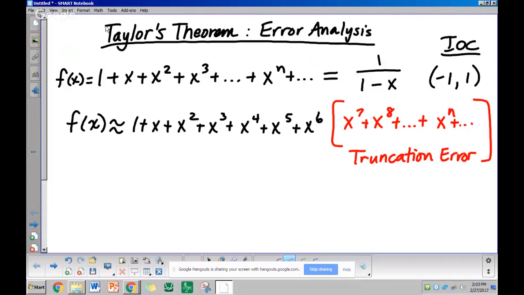And is this in and of itself its own series? It sure is, and it's also geometric. So I could say that the truncation error, now truncation is a big word for I lopped off one end of it, right? So the piece of it is gone. Truncated, it's gone.